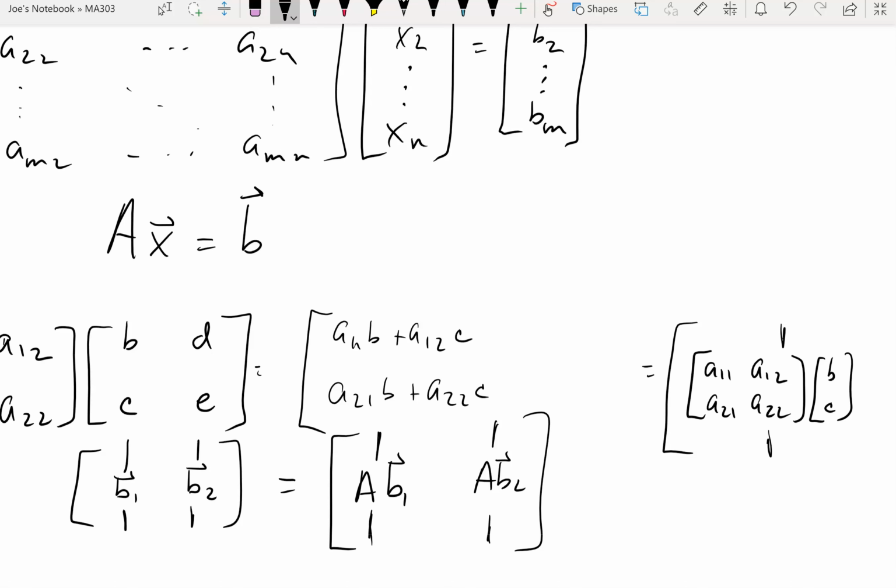Because if I ignore the second column, that's the product we do. And if I ignore the first column, then I would just replace the B and C with the D and E. Did that help? A little bit. So you're multiplying like your A11 by your B, and your A12 by C. Right. Yep.